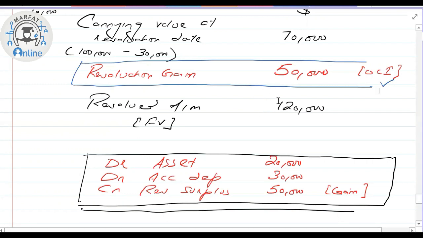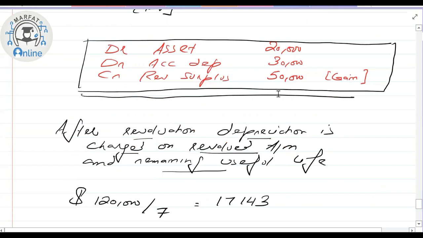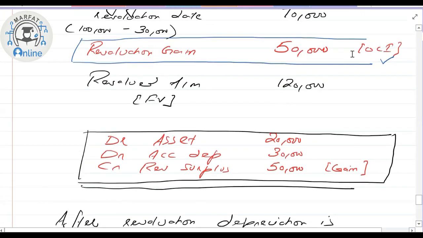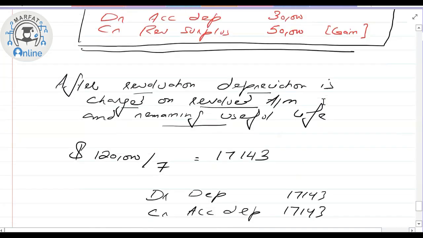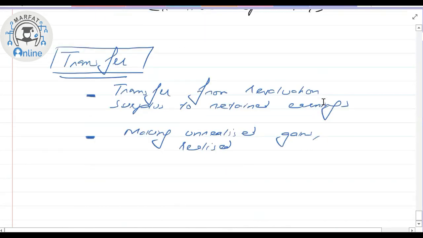Now, this gain will be realized when the asset is sold. In this example, it will be sold after 7 years. So that means this gain will remain in the revaluation surplus for these 7 years. And after these 7 years, when we sell this asset, it will become realized.